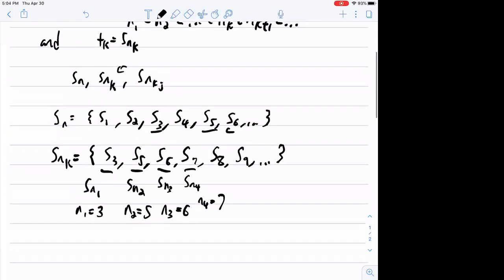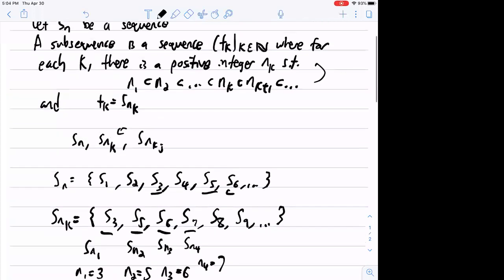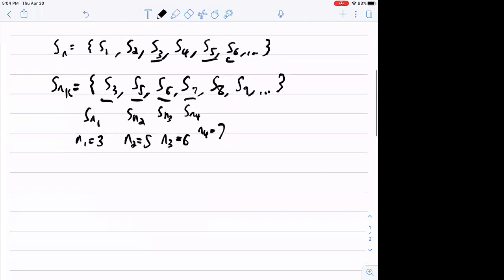The reason we have this top part is, if I gave you a sequence with numbers, let's do this sequence: Sn is 1, 2, 3, 4. You could think of a subsequence as a subset, if you view a sequence as an infinite set of numbers. But it's ordered.